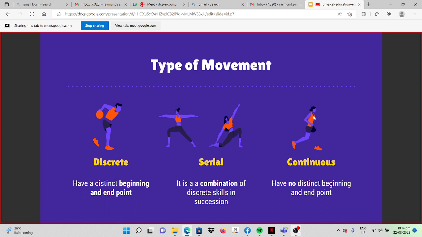And lastly, the easiest skill to learn is none other than the continuous skills. Contrary to discrete skills, continuous skills have no distinct beginning and end. Just like in running, walking, or even swimming. I remember my experience joining a fun run.